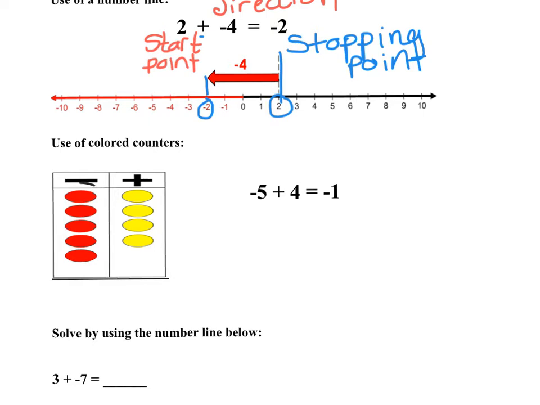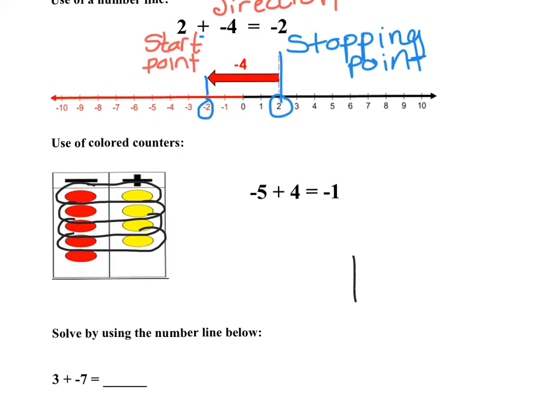So we're going to make our 0 pairs. We have 1 0 pair, 2, 3, and 4, and we're left with 1 negative. This 1 negative is what's left over, so that is our answer.